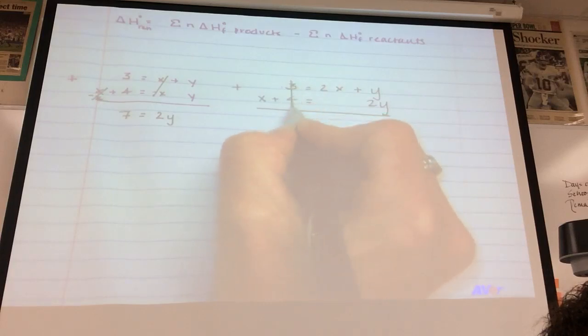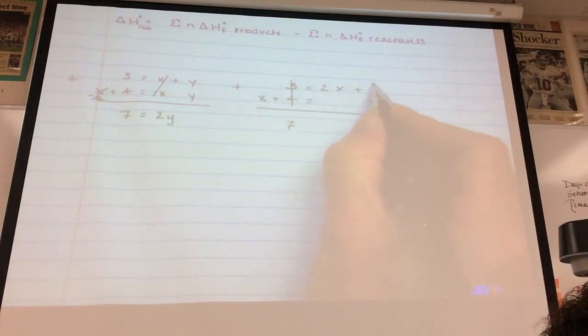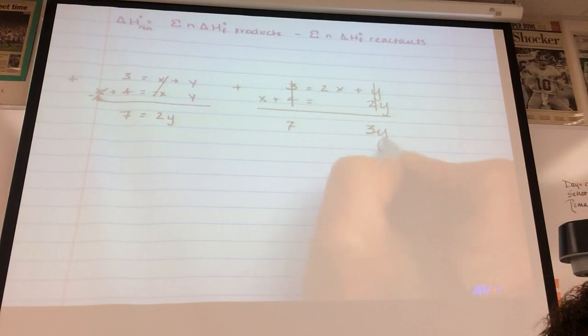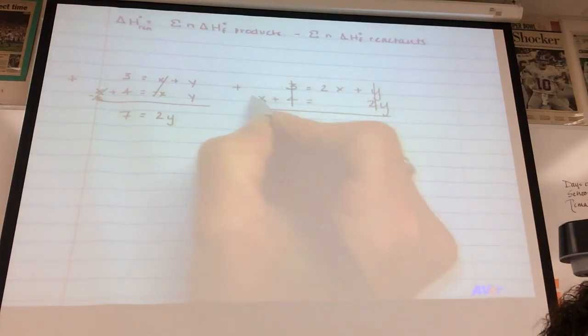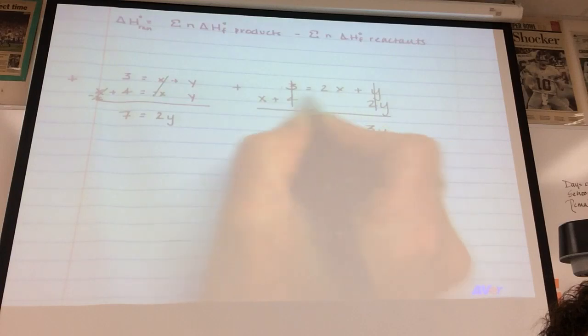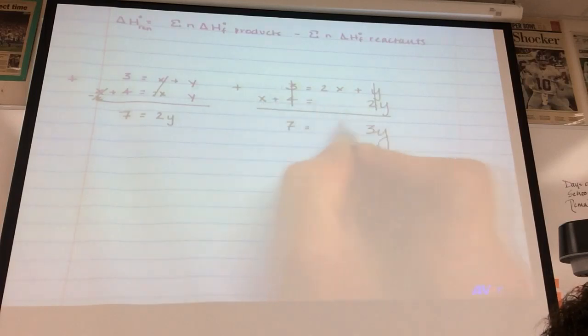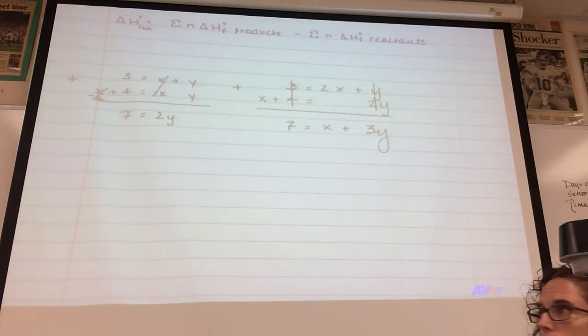I've taken care of that. Y plus 2y is 3y. And now you've got 2x here and x here. The same substance, but the coefficients differ, so it would be 2 minus 1, and you would have x over here. And you'll see where this comes into play shortly.